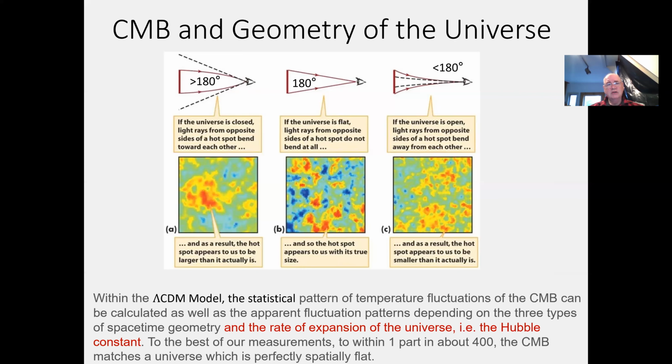We can compute what the fluctuations should be in the cosmic microwave background. We can compute that theoretically. Then, given its incredible journey of 13.7 or 13.8 billion years through space, we can also compute what it should look like now. And we see what it looks like now, okay? And we can compare what it looks like now to what it should look like if our computations are correct.